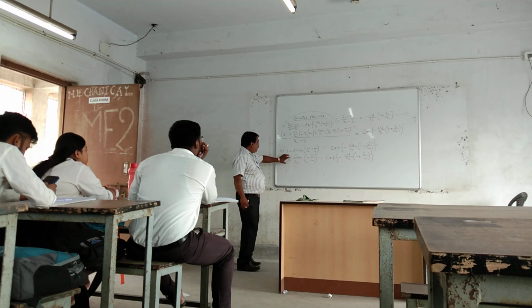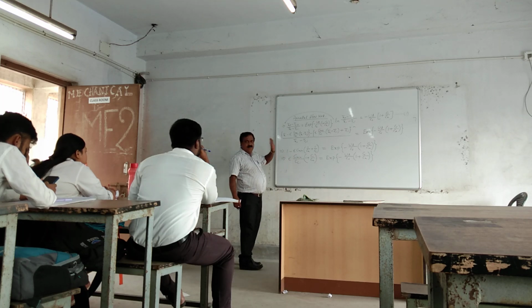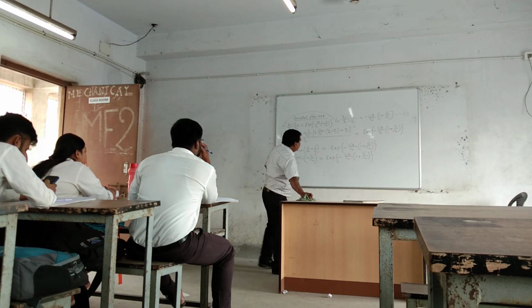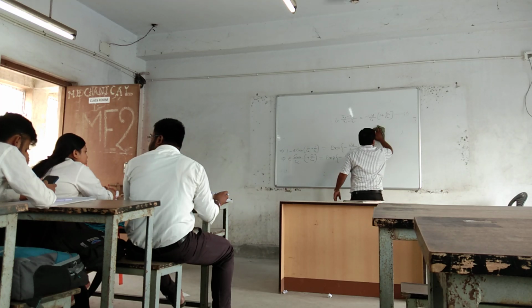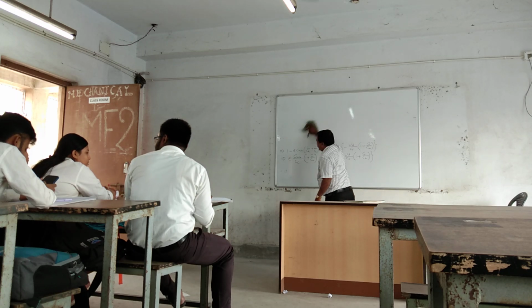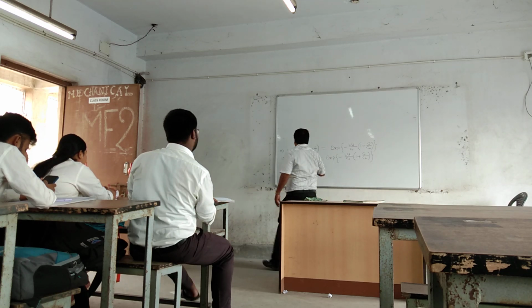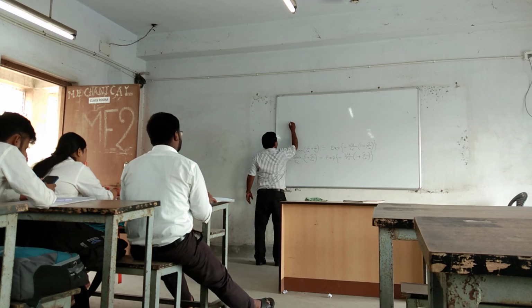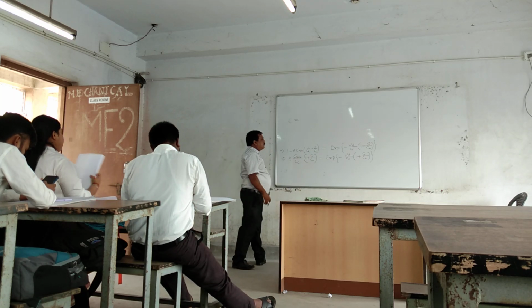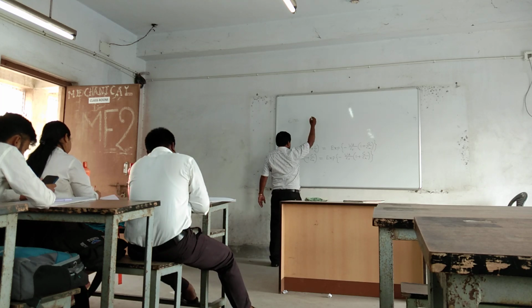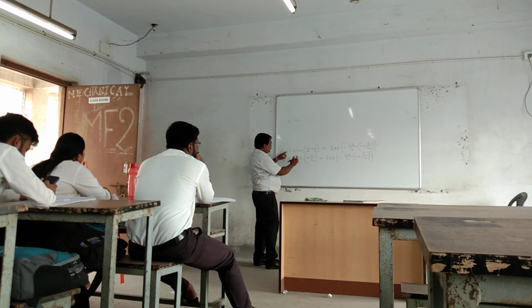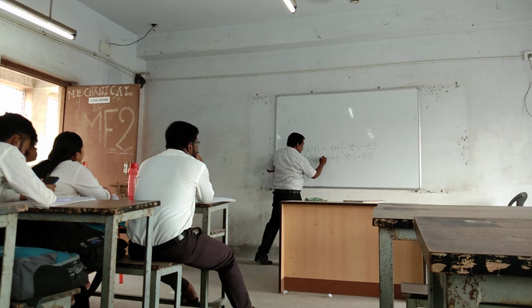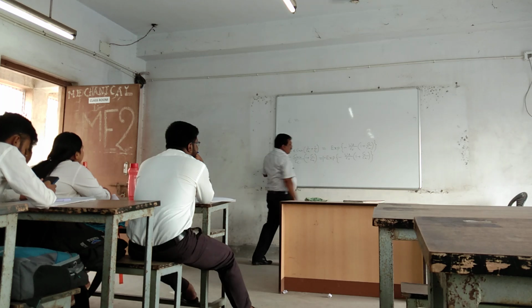Our aim is to find out the effectiveness of parallel flow. So we want to find out the value of epsilon. So in the next step, you shall get epsilon is equal to 1 minus... See, we have made one small mistake.